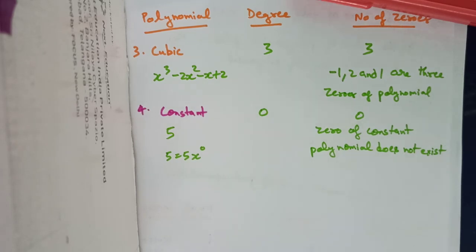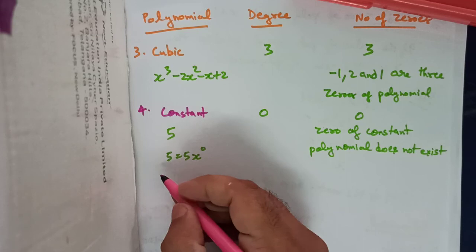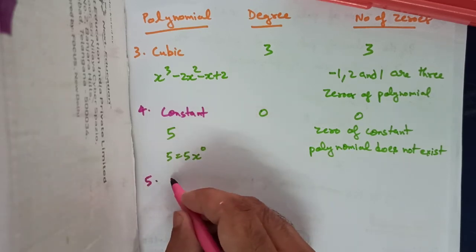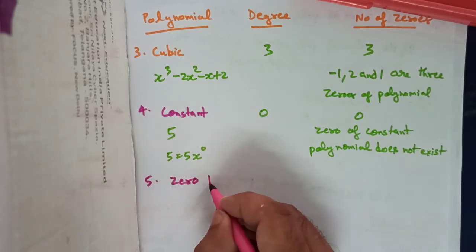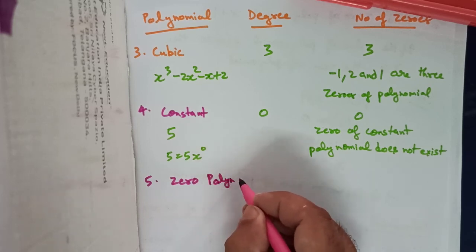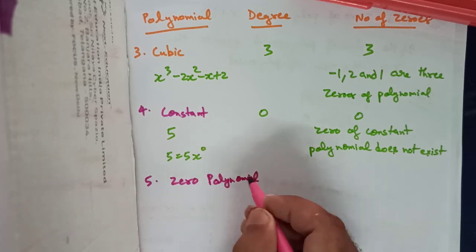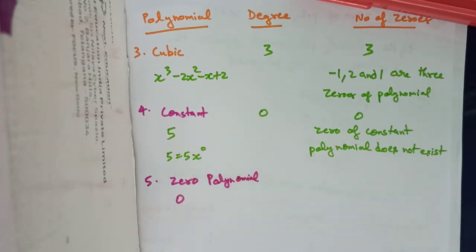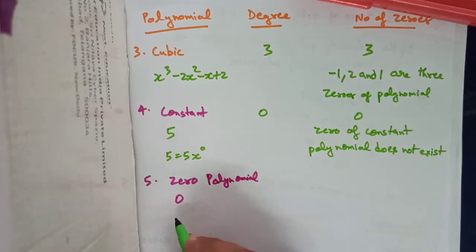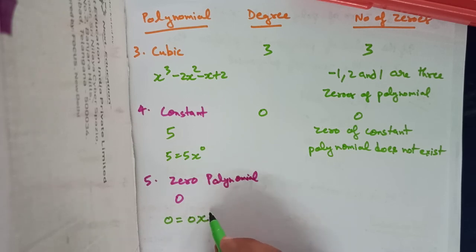Next example is the zero polynomial. The zero polynomial example is 0 only. So 0 can be written in any form. I have already told in the previous lectures that 0 can be represented as 0 multiplied by x raised to any whole number power. Like it can be 0x raised to the power 0, or 0x raised to the power 1, or 0x raised to the power 2, and so on.